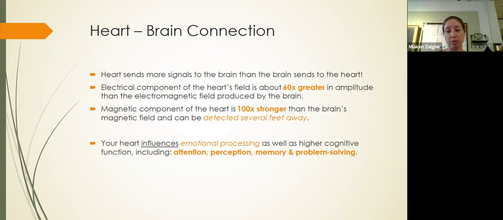We'll get into that in a little bit, as well as higher cognitive function that includes attention, perception, memory, and problem solving, right? We can relate that to the brain and executive function, which goes on in your prefrontal cortex, right?